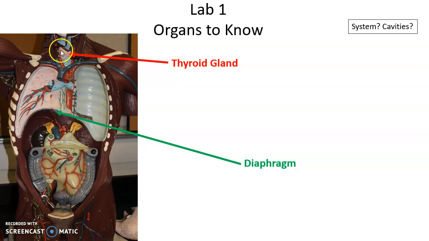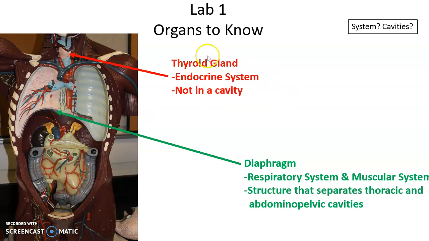This pink-shaped structure here is the thyroid gland, and then this sheet-like structure here is the diaphragm. The thyroid gland found in the neck is part of the endocrine system, and it is not in a cavity. The thyroid gland is not in a cavity. Don't let that throw you.